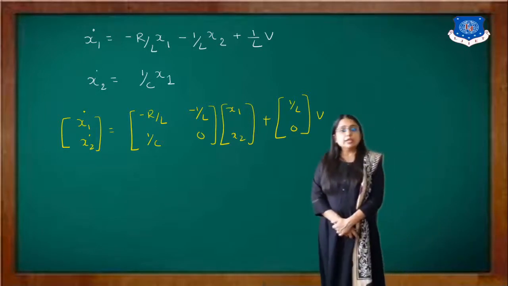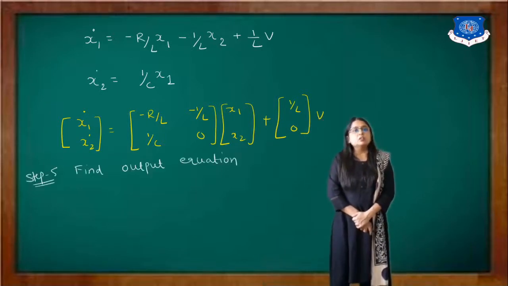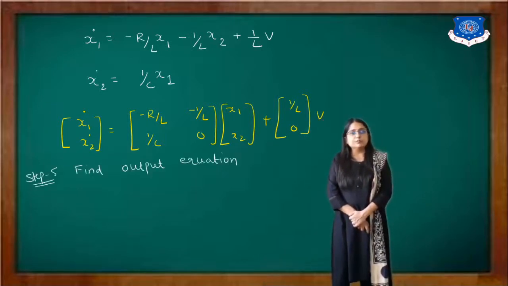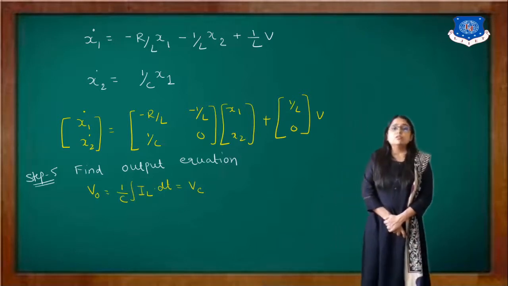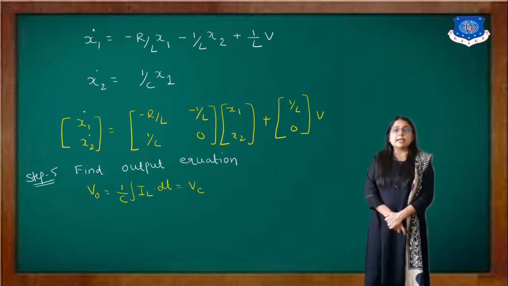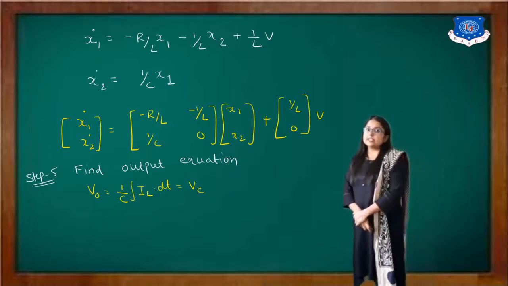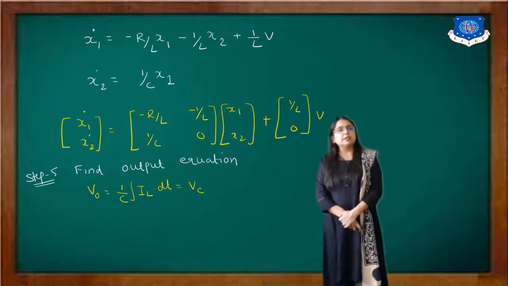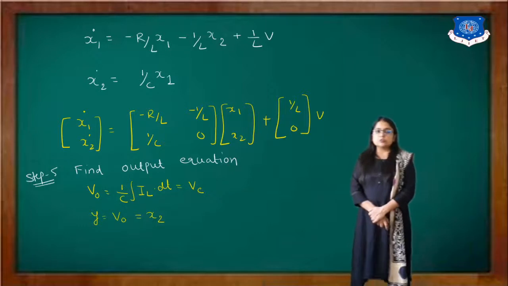Now one more equation remains, that is our output equation. How can we get the output equation? We know that VO is the voltage drop across the capacitor. So VO equals 1 by C integration of IL dt, which is VC, and that is equal to x2.